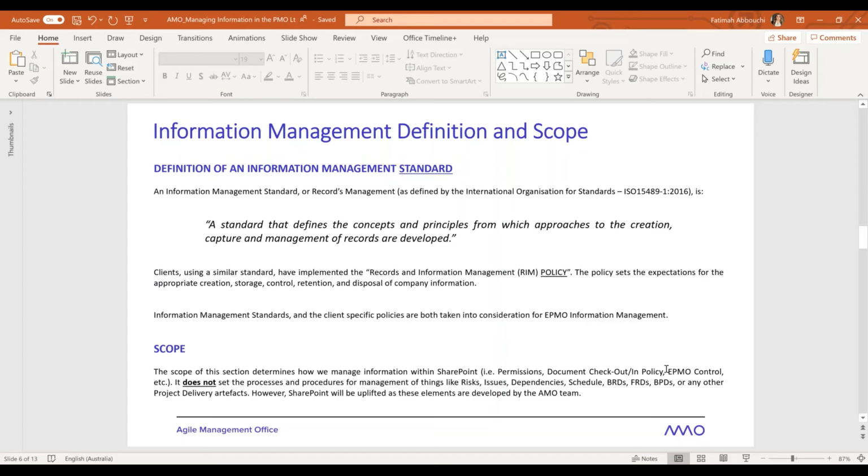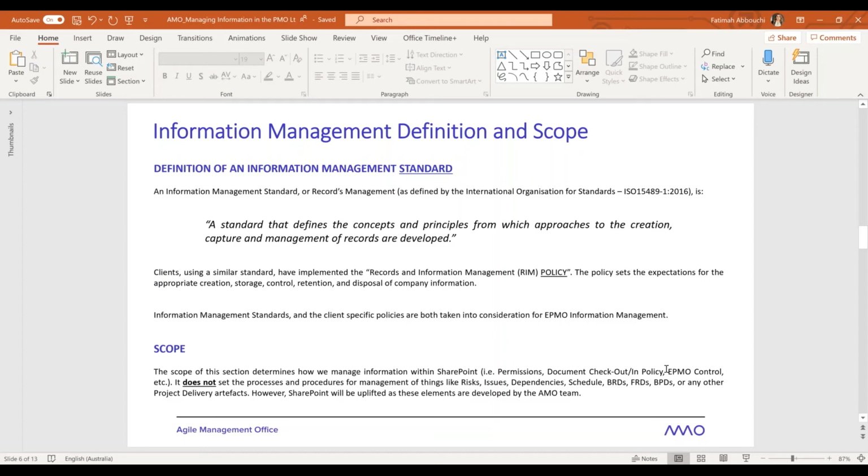And it's interesting when we undertake assessments that run across the full 22 functions that AMO's method covers, we find that it's one of the big failing areas, where the confusion that occurs as a result of not having structured information and knowledge management is actually one of the biggest challenges.